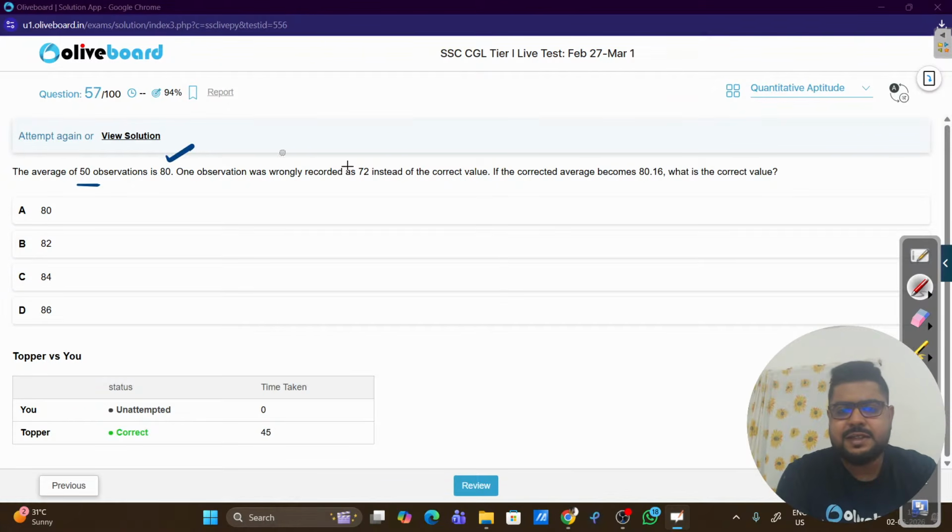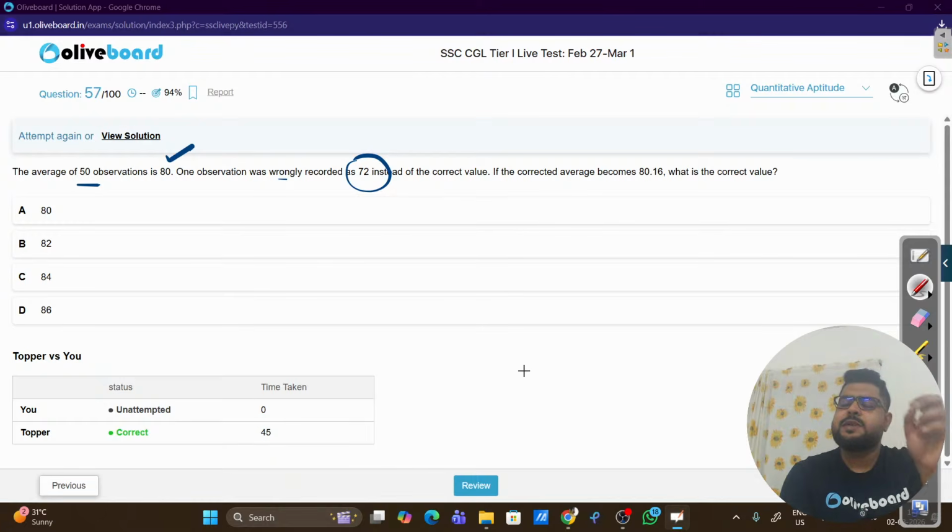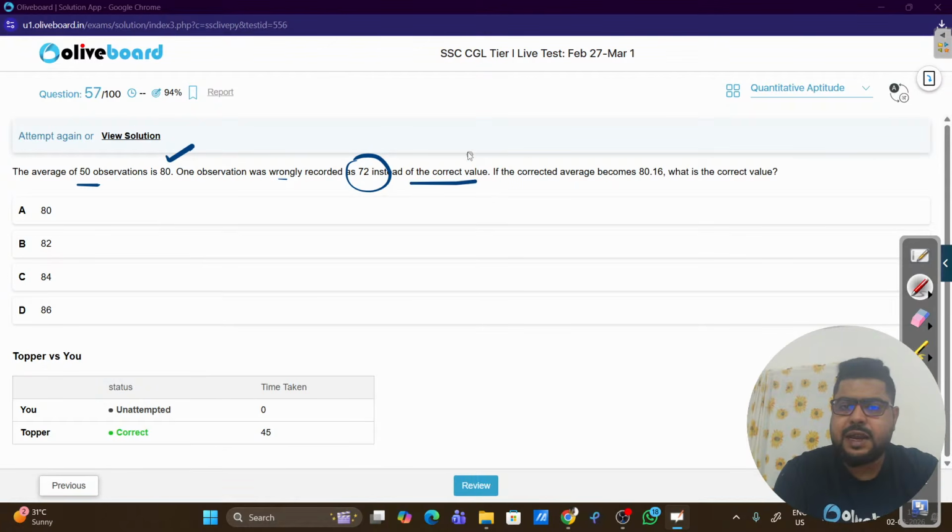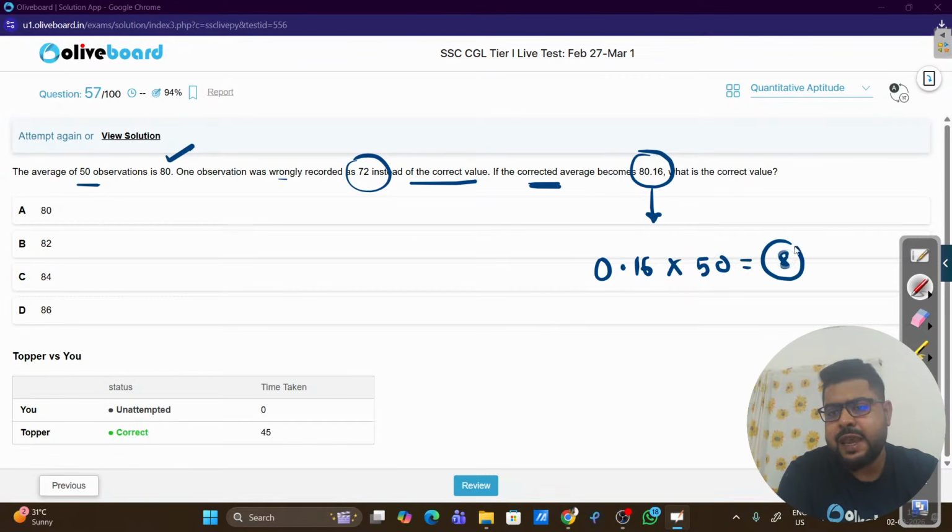50 observation average is this. Wrongly recorded 72. Some observation was wrongly recorded as 72 instead of the correct value. The corrected average would have been 0.16 more. So for 50 observations, this is 8 more.